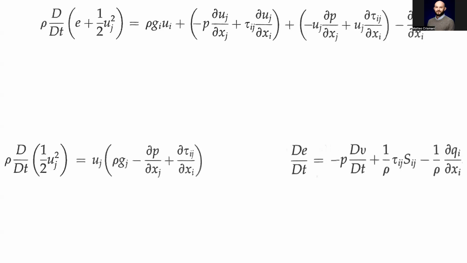Okay, we like that? Pressure and viscosity? Has to do with stresses, right? This one has to do with stresses, but also this one, right?